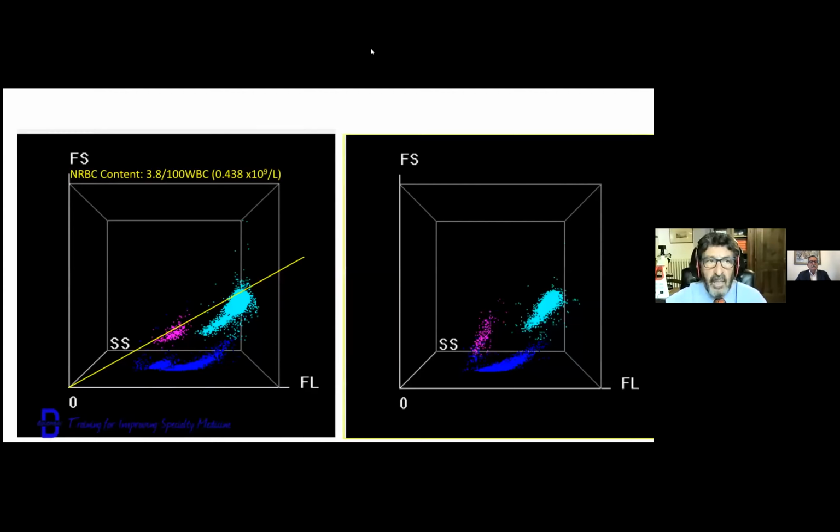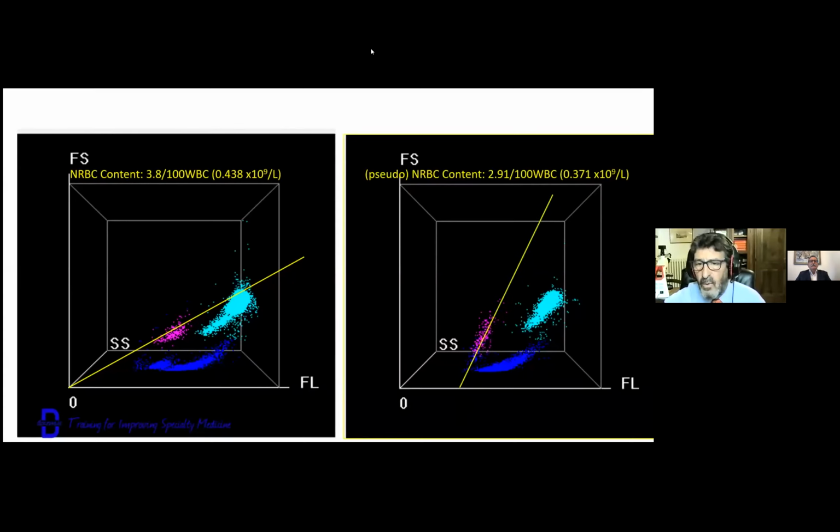The second scattergram comes from a normal blood sample with the addition of the suspension of Candida, as already said, so that it causes a sort of pseudo NRBC content that is more or less equivalent to the clinical sample, 2.91% of white blood cells corresponding to 0.371 per 10 to the 9th per liter.